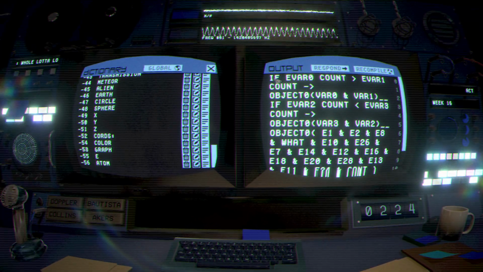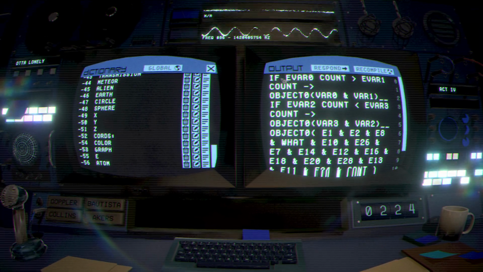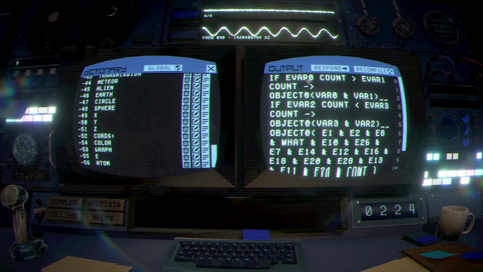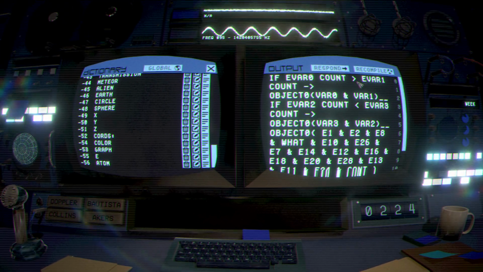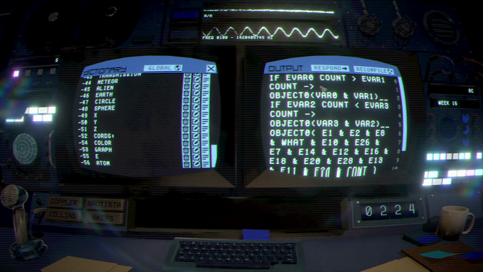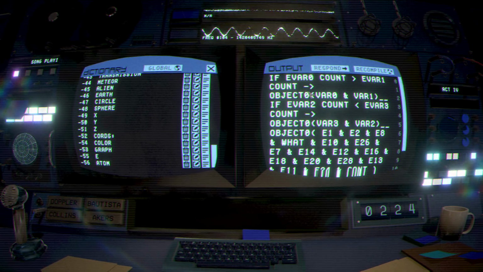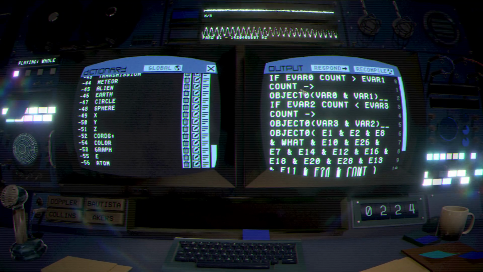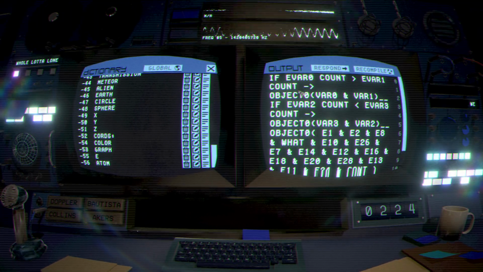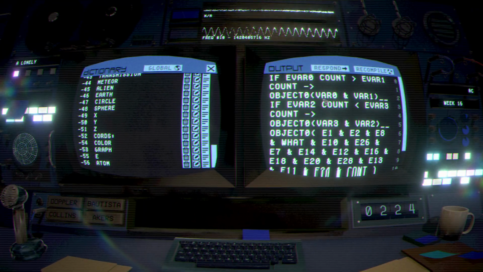So, if the element variable count is higher than element 1's variable count, then object 0 contains both.